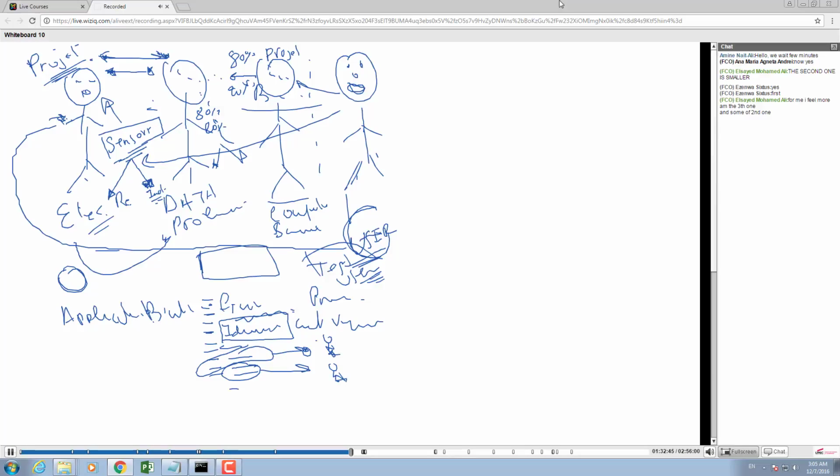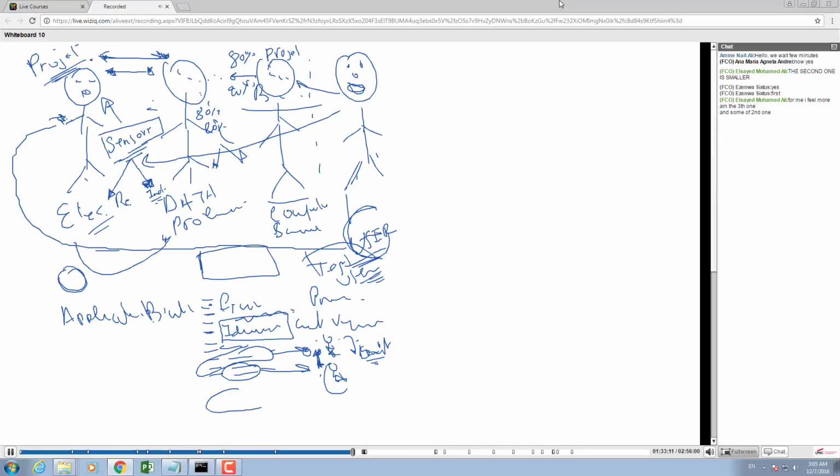Now, in terms of functionalities, after this he says, okay, this part should be developed by this guy. This part should be developed by this guy. And after this, he says, okay, you have to develop this, you have to develop this, but at the same time, you have to communicate.